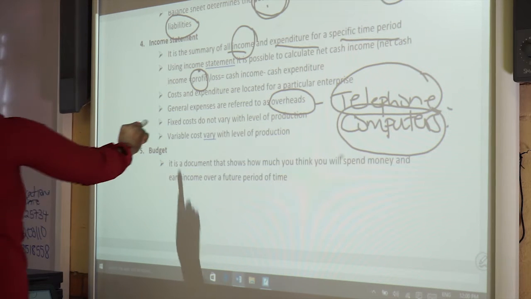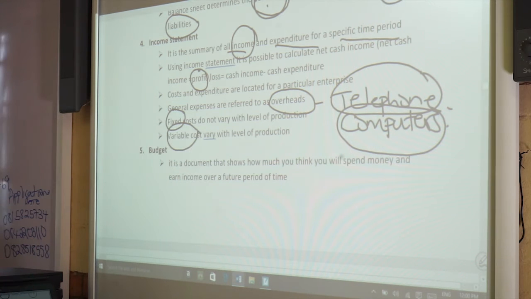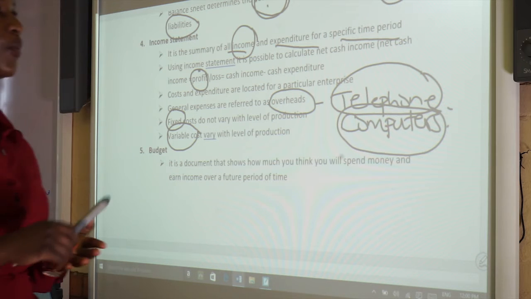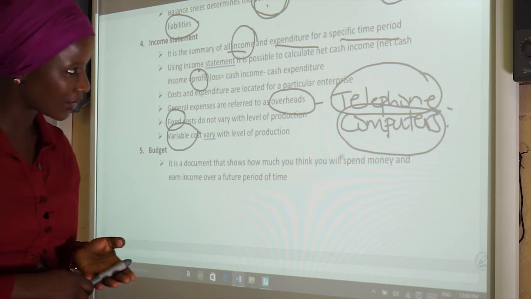Then we've got what we call fixed cost and then variable cost. Fixed costs are the costs that do not vary with the level of production. Let me make an example. Rent. If we are under lease and we are due to pay 3,000 rand each and every month.